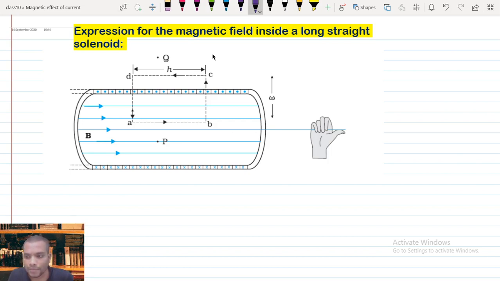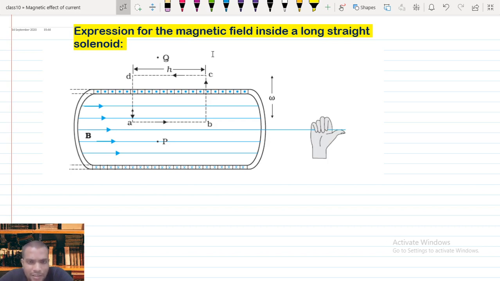As I said, the crosses represent the current entering through the coils, and the dots represent the current leaving the coil. Let me elaborate. This is a setup of a cross-sectional view of a solenoid.